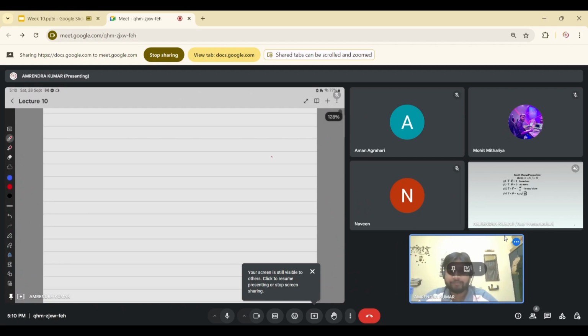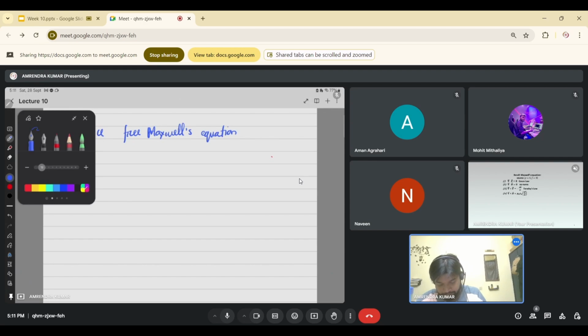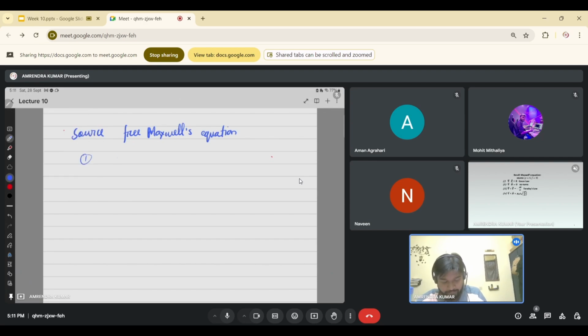We have seen in previous cases where we have this source free Maxwell equation that we can write as: the first one was del dot E is equal to 0 because we have rho is equal to 0.